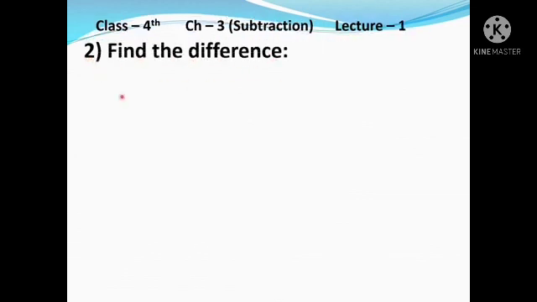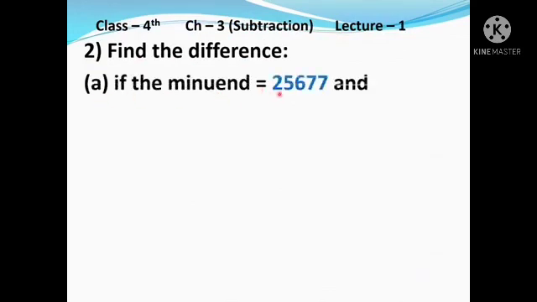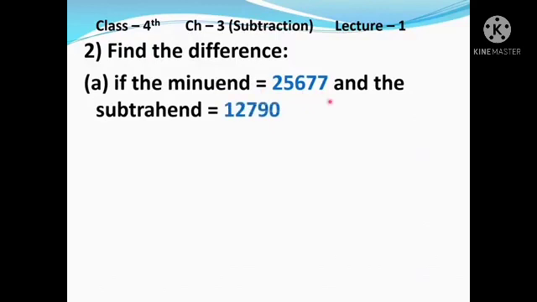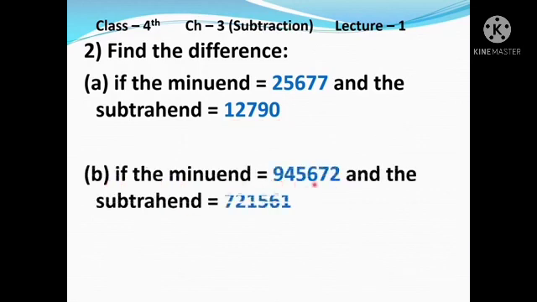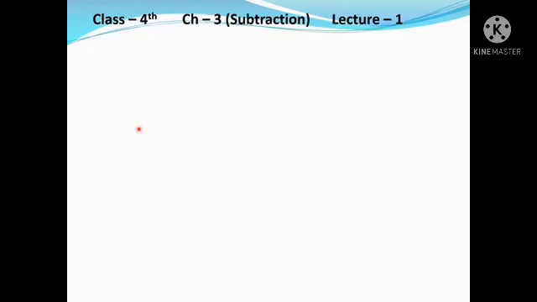Now, question number 2. Find the difference. A part, if the minuend equals 25,677 and the subtrahend equals 12,790. B part, if the minuend equals 9,45,672 and the subtrahend equals 7,21,561. Now, question number 3. Which number is less?